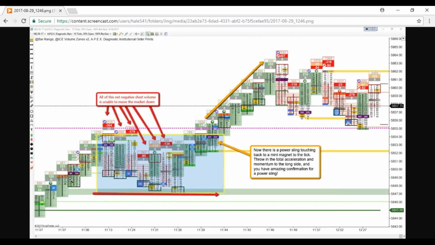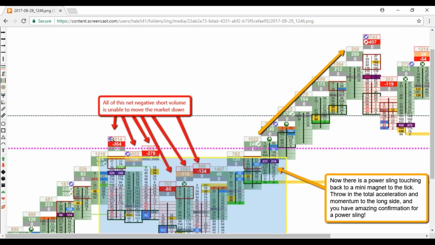So what do we have here? We got the market coming up, and then we go into chop, right? Now look here, all of this net negative volume. Remember, what is this top number? Total volume. The second number is net volume, right? This top number, see here, 4014. That means in this bar, all of the buys and all of the sales combined add up to 4,014.